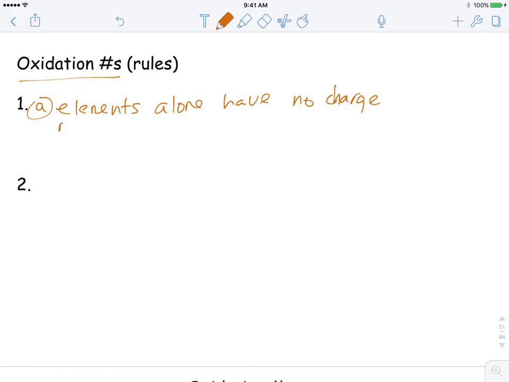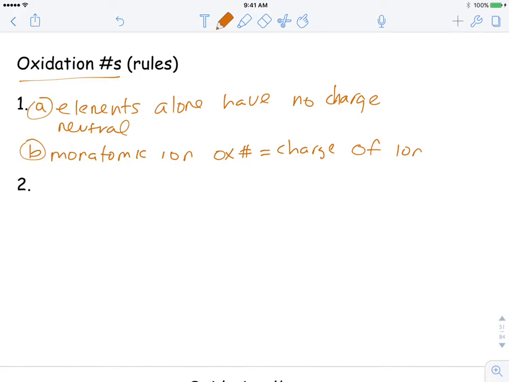That means that they're neutral. If we have an ion that's monatomic, then the oxidation number is equal to the charge of the ion.